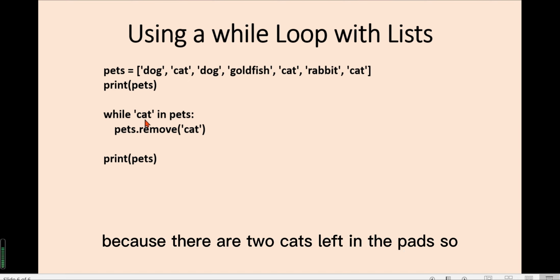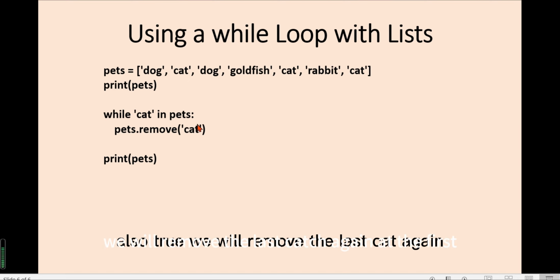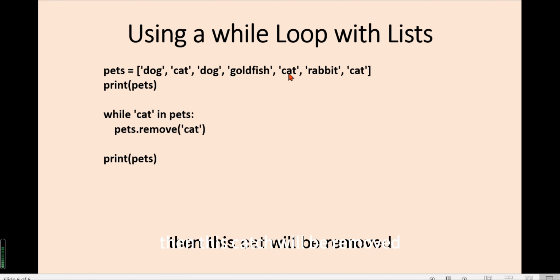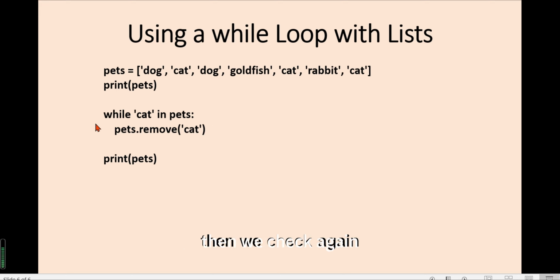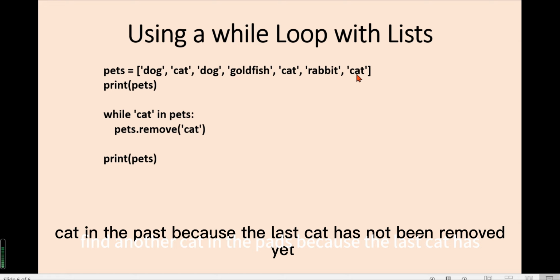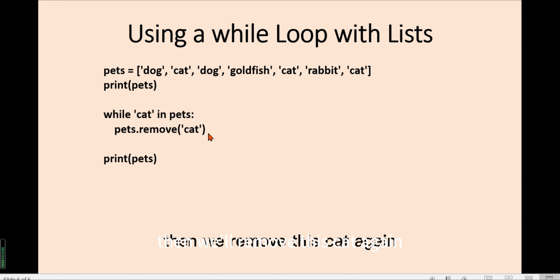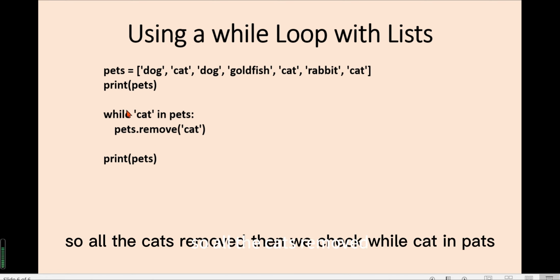So it is also true, and we remove the first instance of cat again. Now 2 cats are removed and only 1 cat is left. We check again and find another cat, because the last cat has not been removed yet. Then we remove this cat, so all the cats are removed.